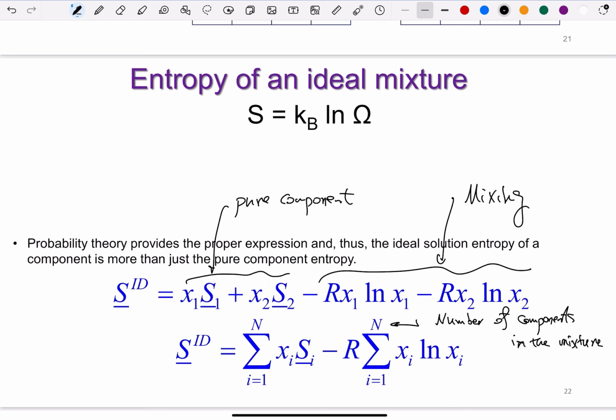This was not the case for volume. This was not the case for the energy, for internal energy and enthalpy, right? So do you see that entropy increases here in this equation? I have a negative sign over there, right? I'm subtracting something from the pure component, right? How come it is increasing?